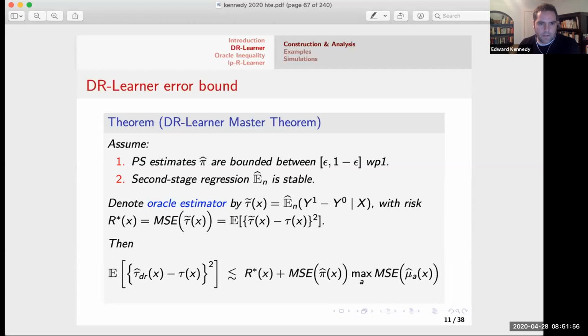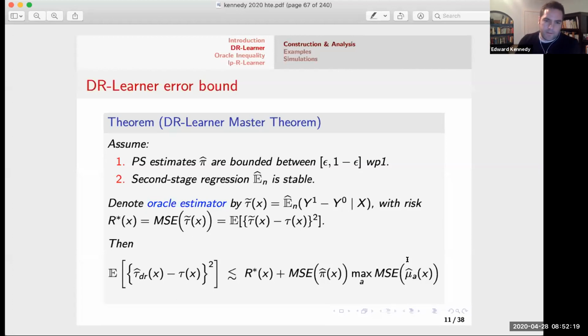Okay, and so the result is, as long as the propensity score estimates are bounded and we have a stable second stage regression estimator, then the mean squared error of our DR learner procedure looks like the oracle mean squared error up to this gap, which is like the product of mean squared errors for the nuisance stuff, the propensity score and the regression function.